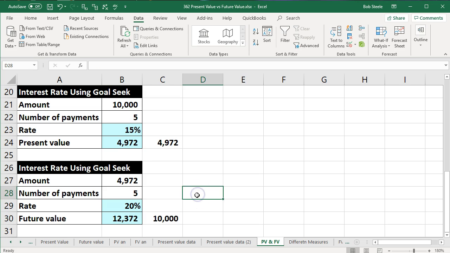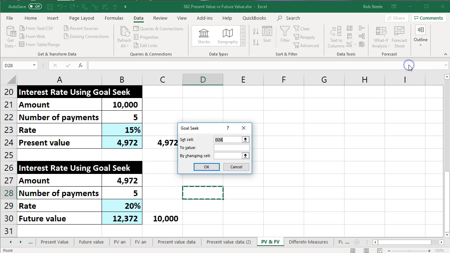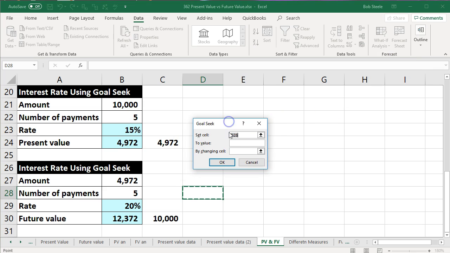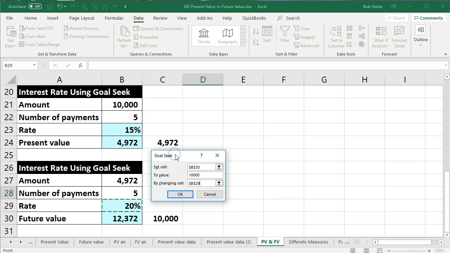I'm going to put my cursor on any cell to use Goalseek, and we'll go to the Data tab, Forecast, What If analysis. We're looking for the Goalseek. And then we're going to say, all right, Excel, we want you to set this cell to be 10,000 by doing something to this cell. In other words, do whatever you got to do to the 20%. So let's take a look at that one more time.